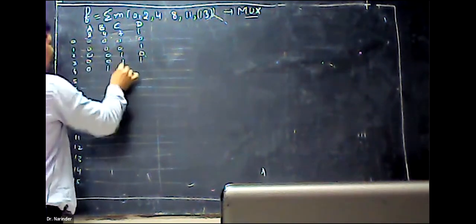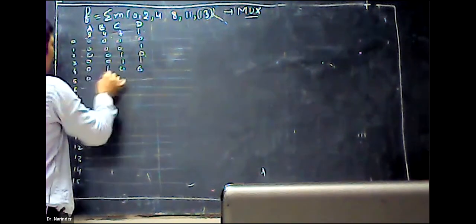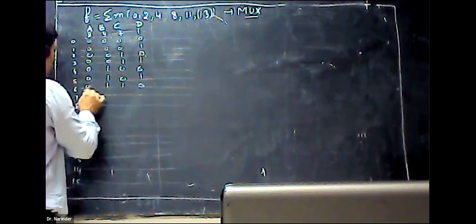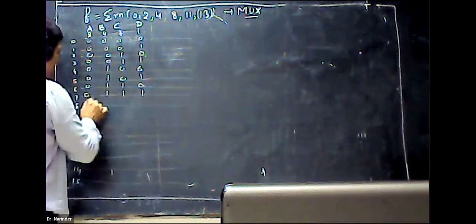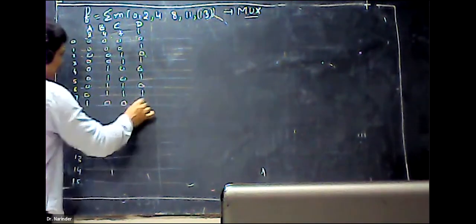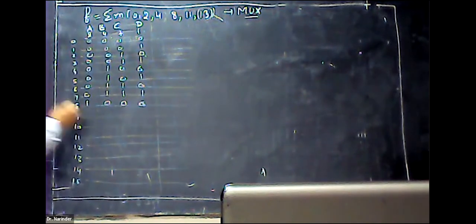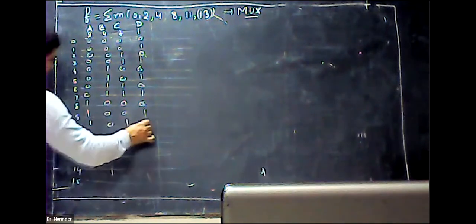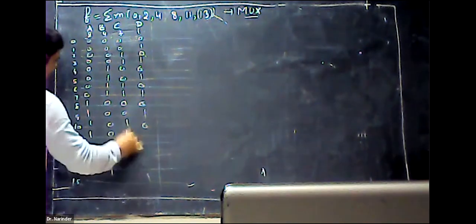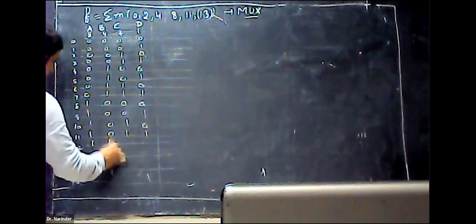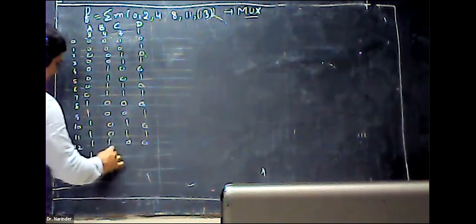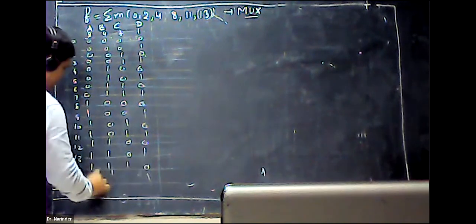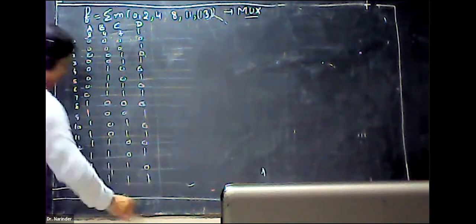Under 4 there is a 1. 5 is 4 plus 1. 6 is 4 plus 2. 7 is 4 plus 2 plus 1. 8, under 8 there should be 1. 9 is a combination of 8 and 1. 10 is 8 and 2. 11 is 8, 2 and 1. 12 is 8 and 4. 13 is 8, 4, 1. 14 is 8, 4, 2. 15 is a combination of all: 8, 4, 2, 1.